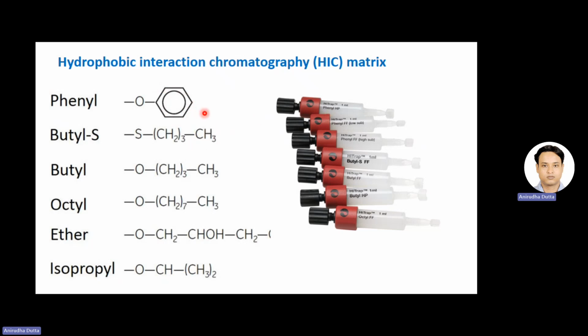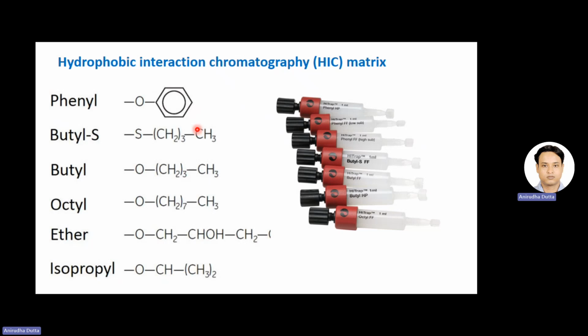The question is, how would we know which matrix would work best for our protein of interest? There is no hard and fast rule that this matrix would work here. If it is more hydrophobic, then it is a stronger binder.